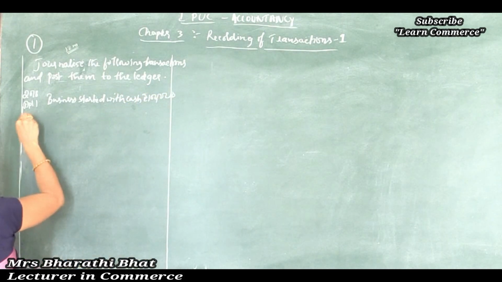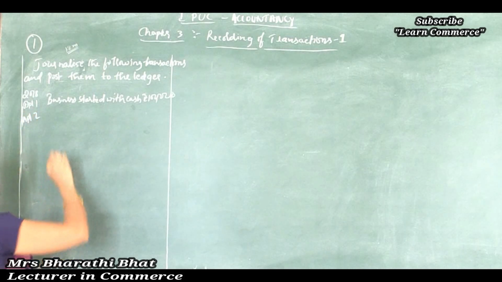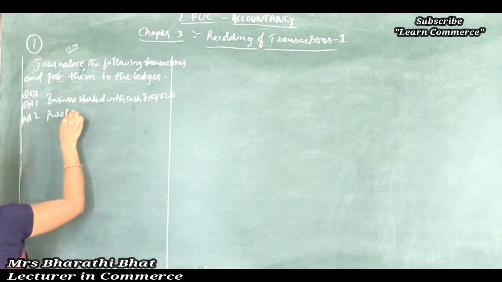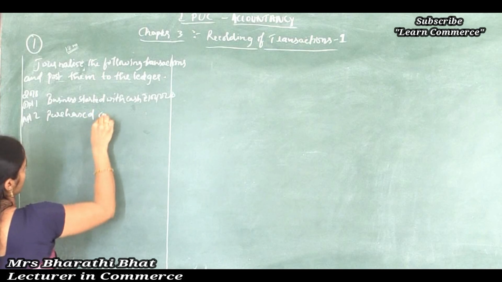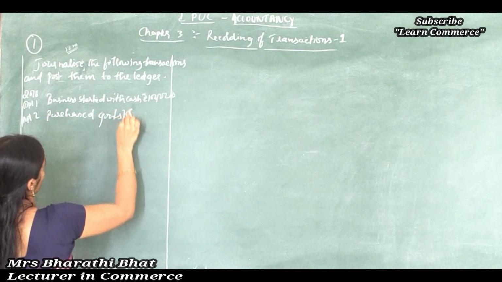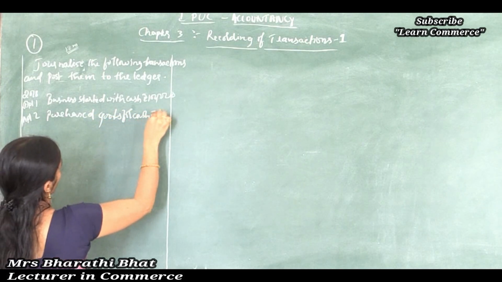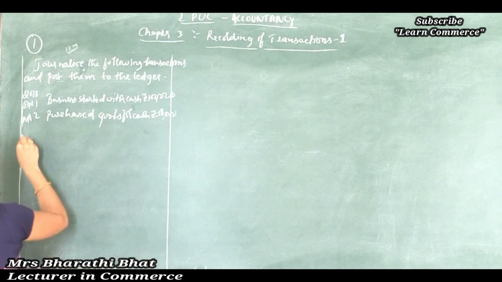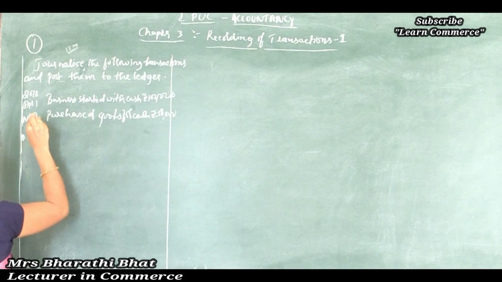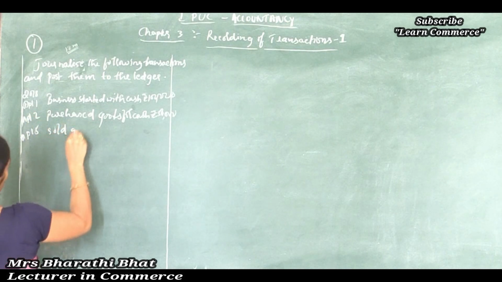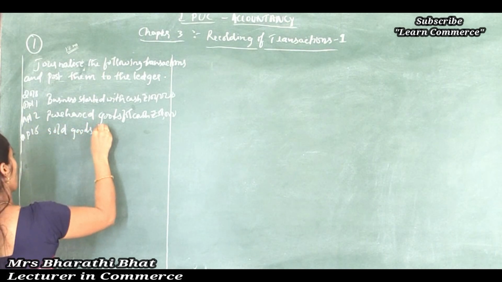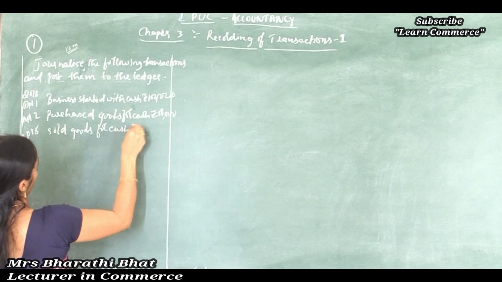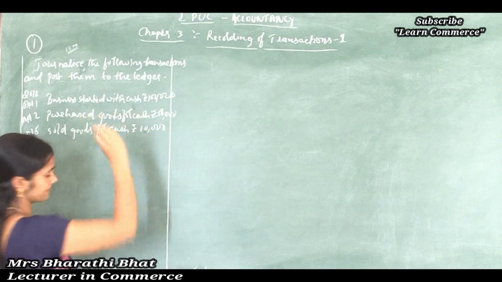And next transaction, April 2nd, purchased goods for cash, rupees 50,000, clear? And next April 5, sold goods for cash, rupees 10,000.